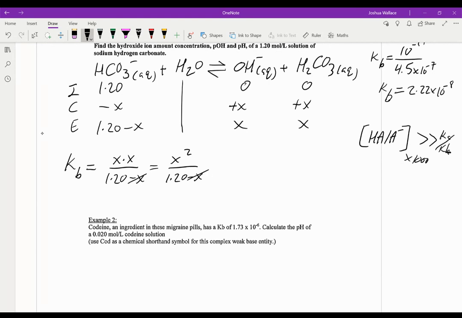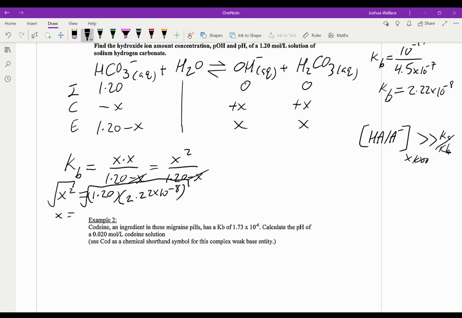I multiply 1.20 by my Kb, and what happens is that I get x squared equals 1.20 times my Kb of 2.22 times 10 to the negative 8. And then I'll just square root both sides to get x.